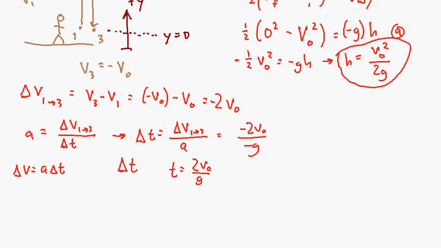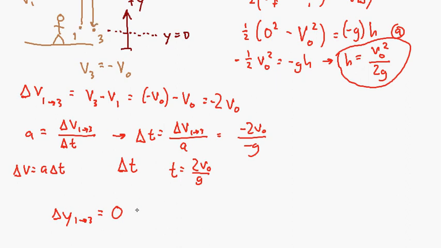Anyway, the other option would have been to look at delta y. I've got it off the screen now, but 1 was the start, 2 was the peak, and 3 was the bottom. So instead of going delta y from 1 to 2, go delta y from 1 to 3, which is 0, right? Because it begins and ends at the same position.